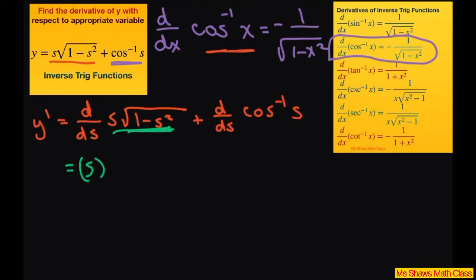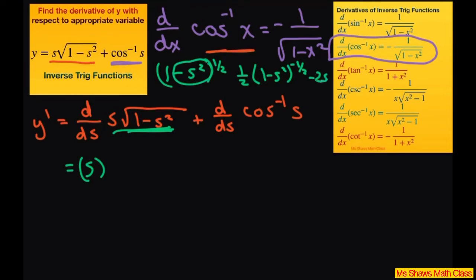and differentiate this. So that's going to be, remember, write this as 1 minus s squared to the 1/2. So that's going to be 1/2 times 1 minus s squared to the negative 1/2. Then you have to take the derivative of that, which is going to be negative 2s.